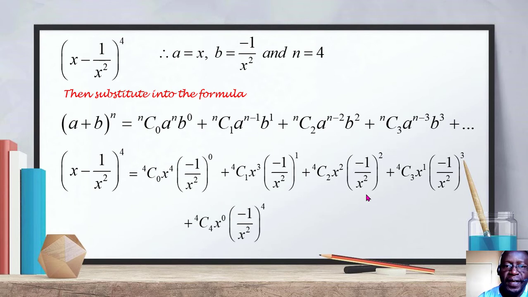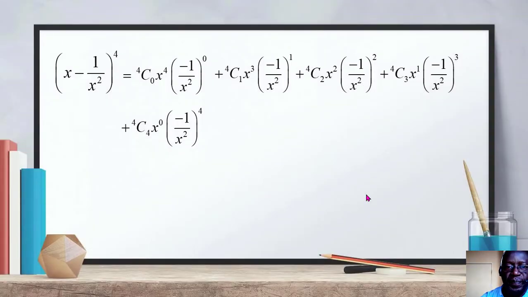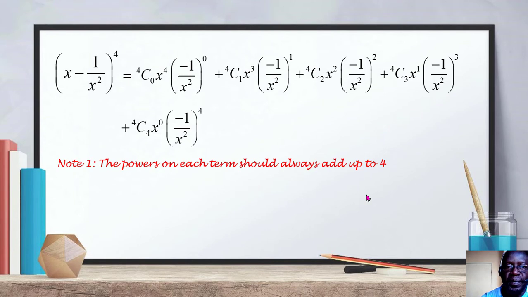Then we're going to note a few things before we progress with simplification of the expansion. The first thing to note is that the powers on each term of the expansion should always add up to 4.